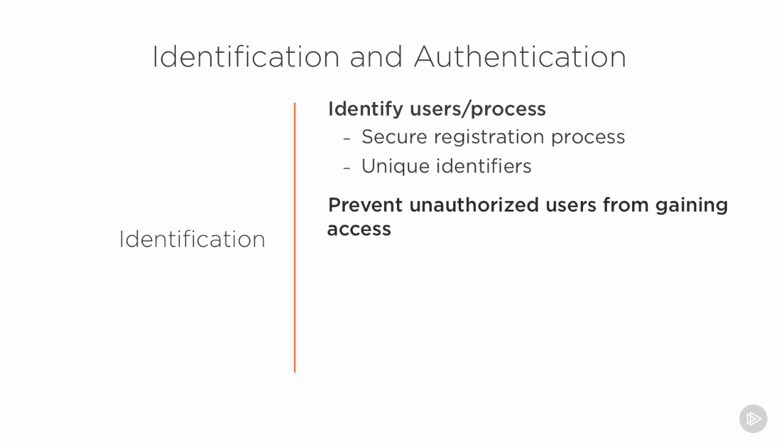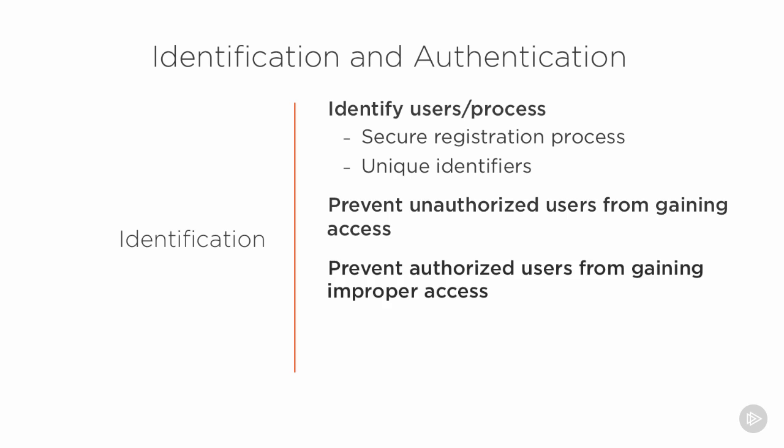What we're trying to do is to ensure we can identify who are the authorized users. This will allow us to prevent unauthorized users from gaining access to our systems, networks, buildings, and of course our data and applications. But in addition to preventing unauthorized users from gaining access, we also have to ensure that those who are authorized to gain access to our systems, networks, and data are also limited so that they only gain the appropriate level of access.